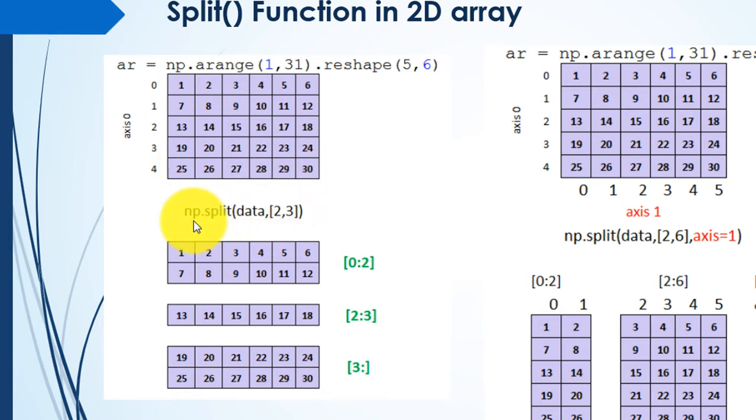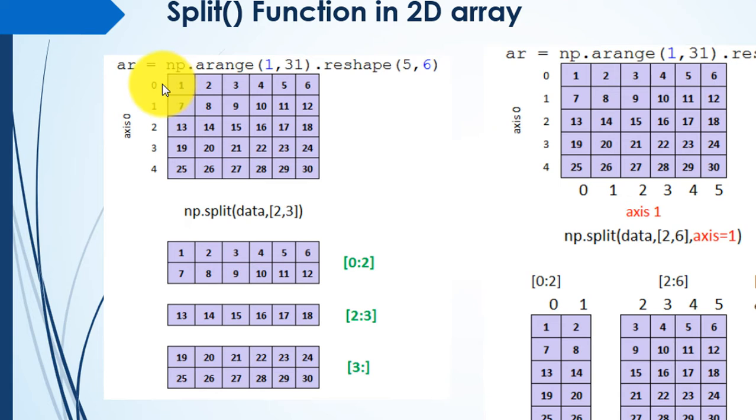Now the split command is somewhat like this: np.split, data is our range or AR, and then we have specified an array containing 2 elements, 2 and 3. So first splitting will be done from 0 to 2 minus 1, that is 0 and 1.